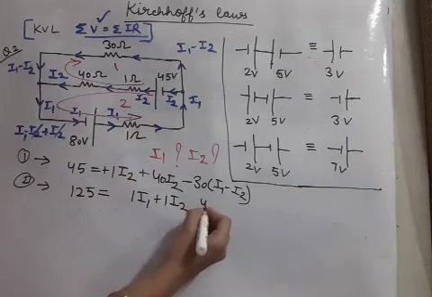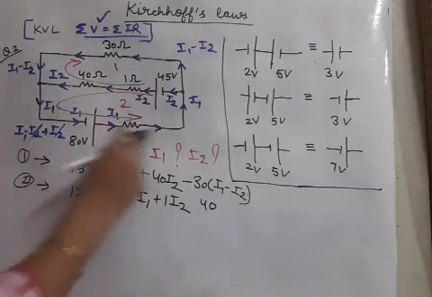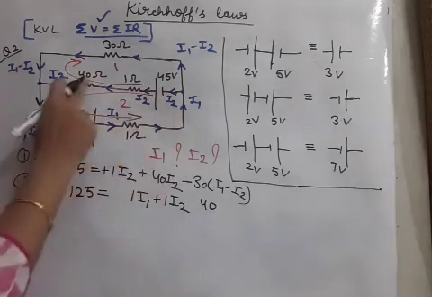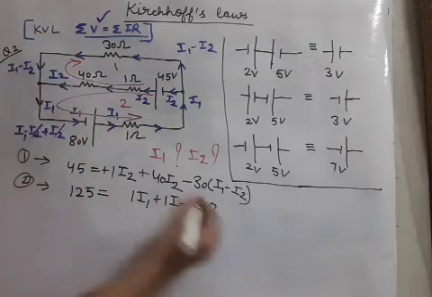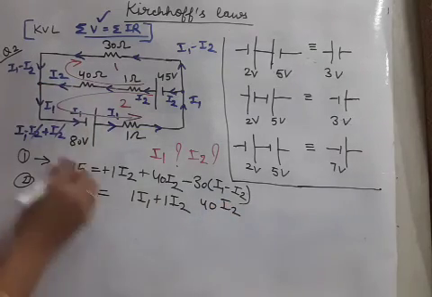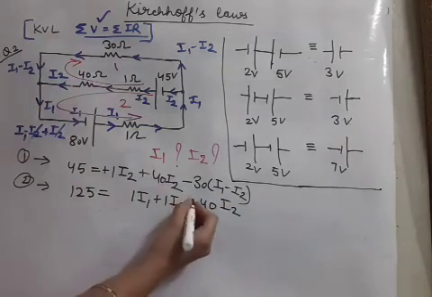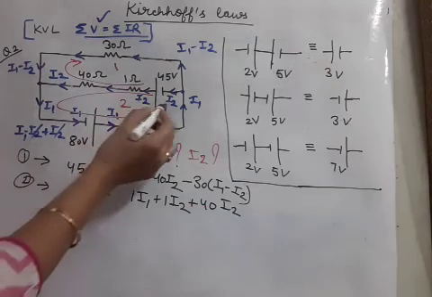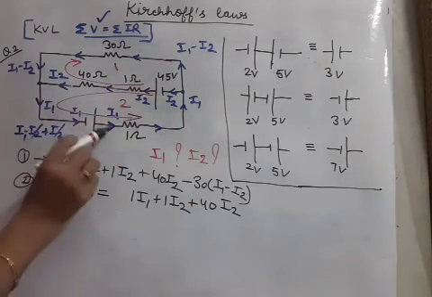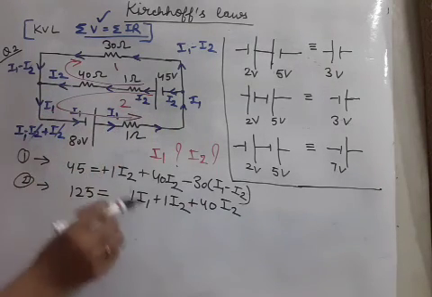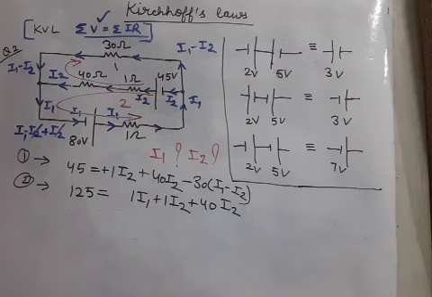Next is 40. In this loop all the resistances we have to take. In 40 the current is I2 and in the same direction. So this way in the second loop, all the resistances we have used and we have multiplied them with their individual currents.